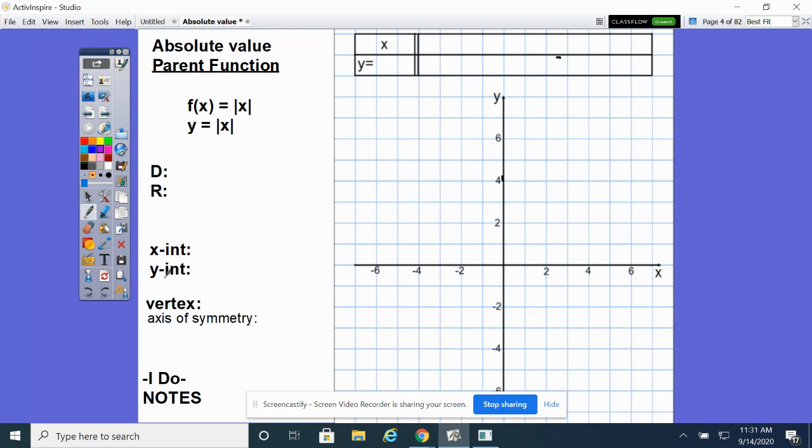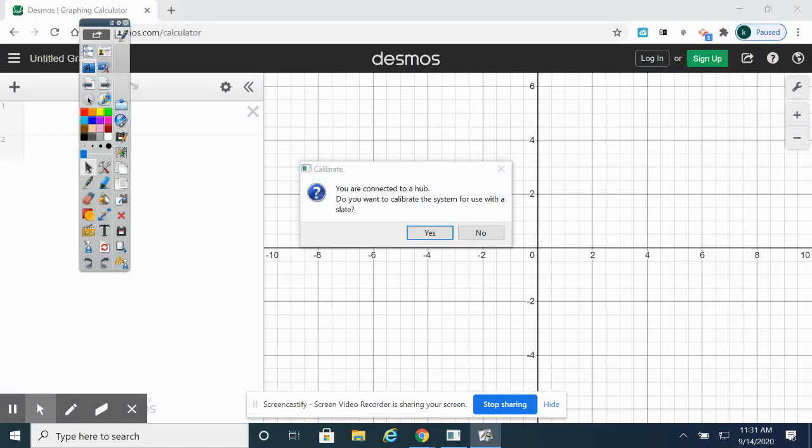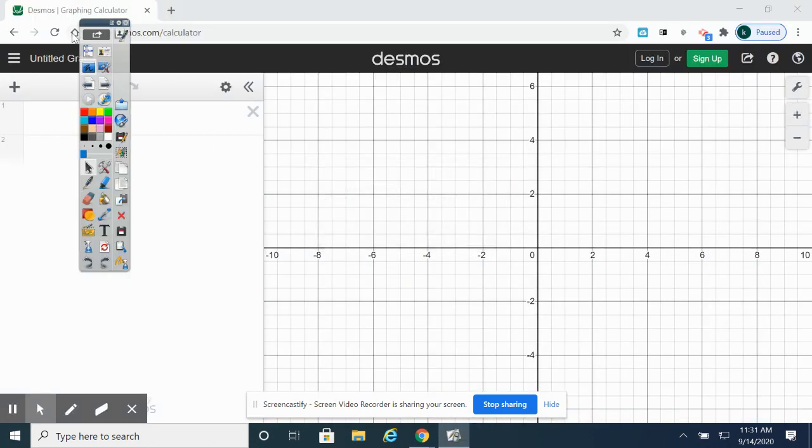We're going to add to it today. We're going to do x-intercepts, y-intercepts. You've probably done that in Algebra 1, and then we're going to add to it some Algebra 2 stuff. What is the vertex? What is the axis of symmetry? Let's go do that now. I'm going to head over to Desmos. I'm going to see if we can't draw a picture of this thing.